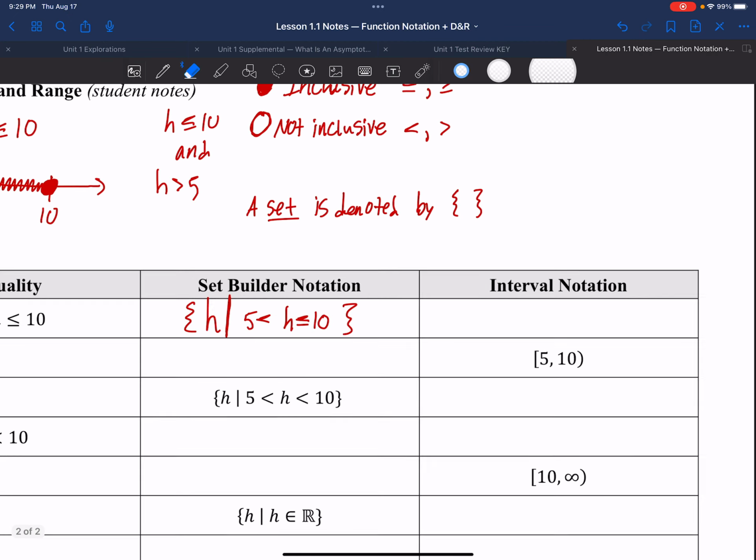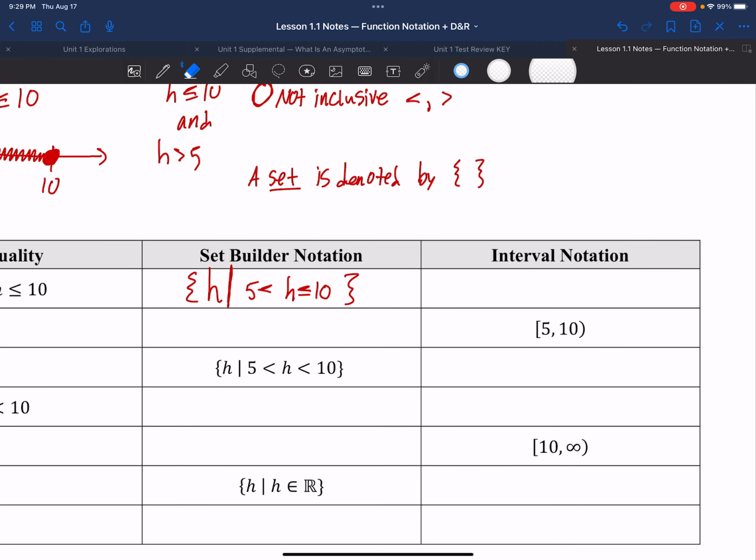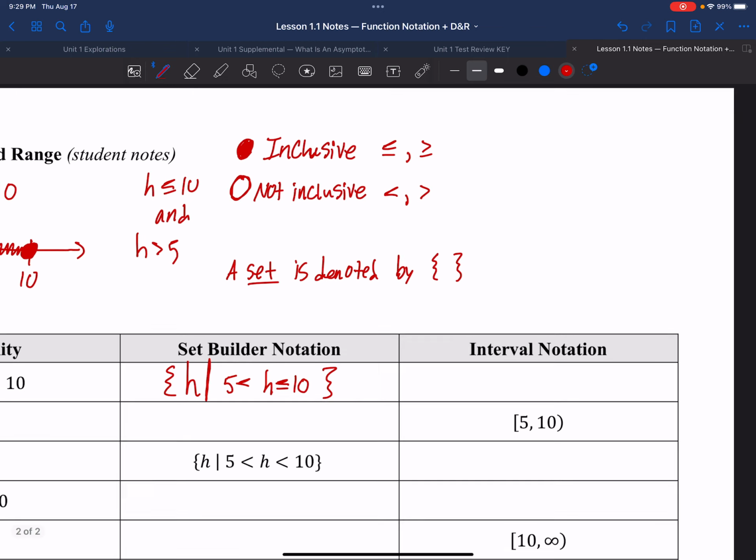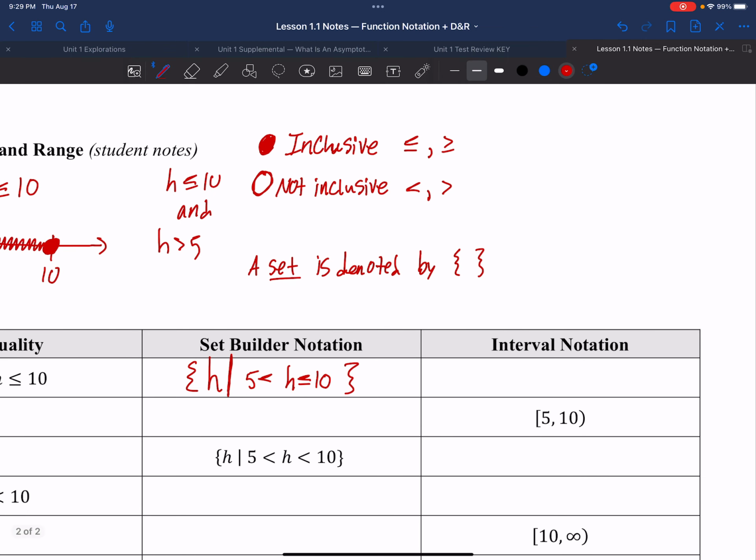Okay? Now, interval notation. What's that about? So I'm going to come over here, maybe in blue. I'm going to say interval notation. And so things about interval notation.